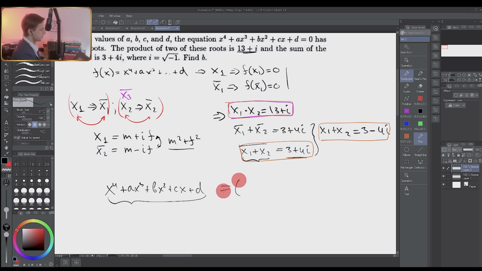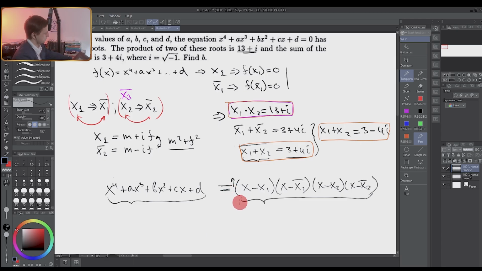And on the right side, it can be represented by using its roots like this: x minus x1, the first root, times x minus x1 conjugate times x minus x2 times x minus x2 conjugate. It is just a basic thing from algebra, right? You can represent the polynomial in this way if these numbers are its roots. Here should be the coefficient a, but in our case, this first coefficient is simply 1.